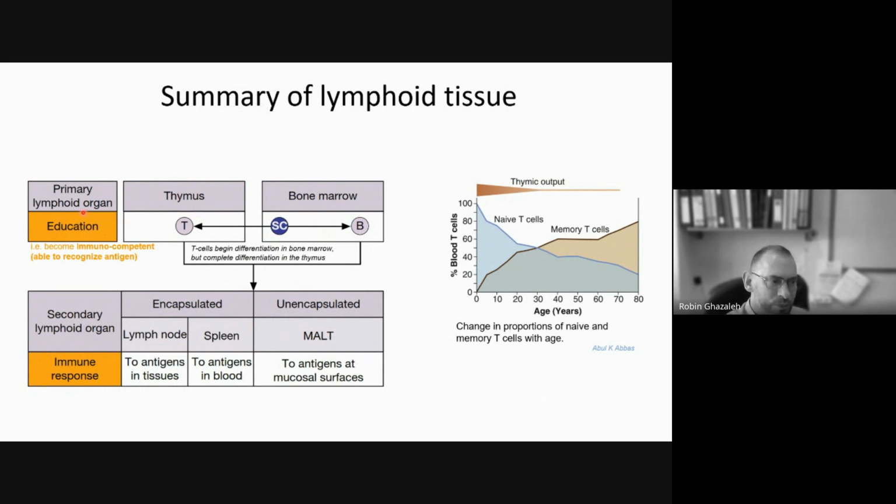Education means becoming immunocompetent, able to recognize antigen. So that immunocompetence means expressing a T cell receptor, or in the case of B cells, expressing a B cell receptor. We will look at how B cell receptors get made and expressed. It's not as simple as you might think.